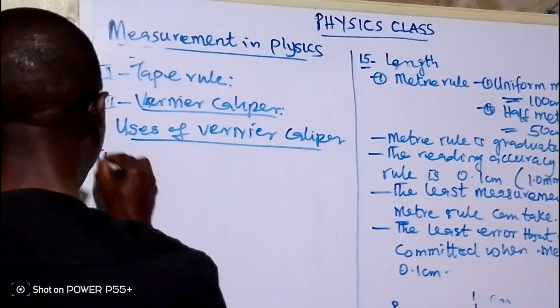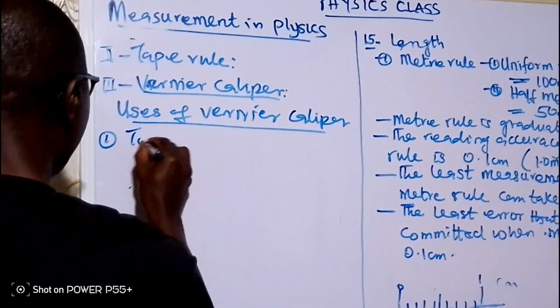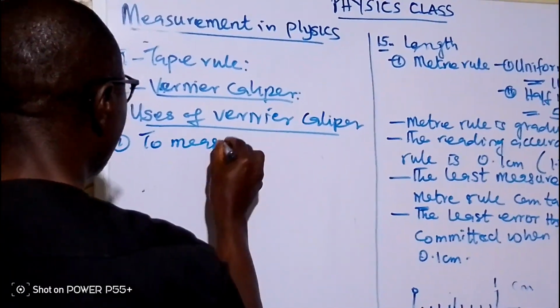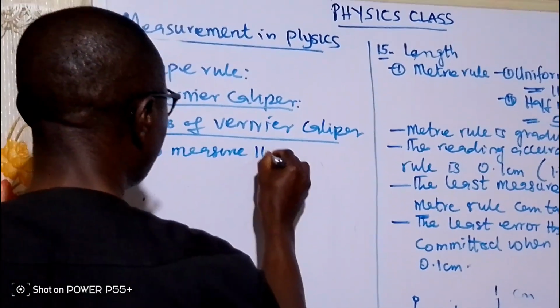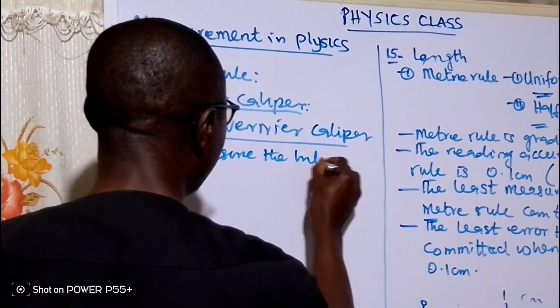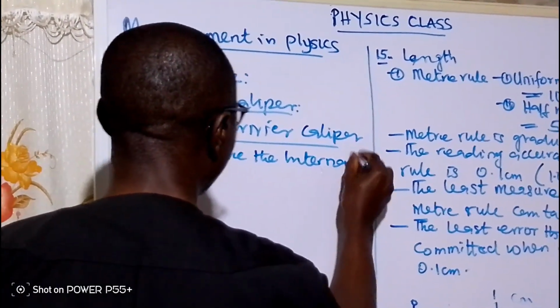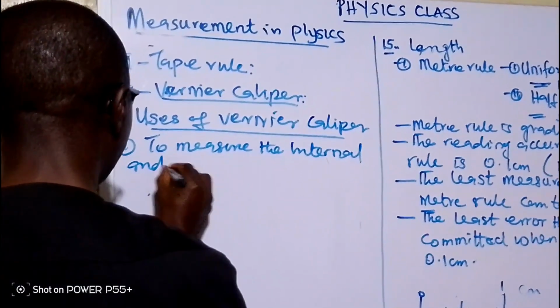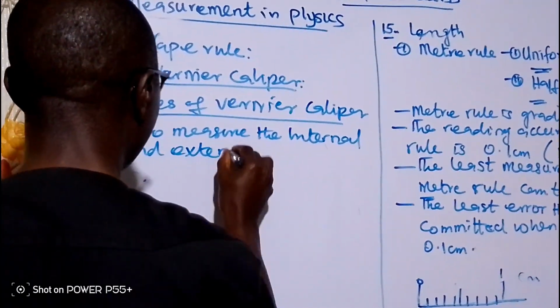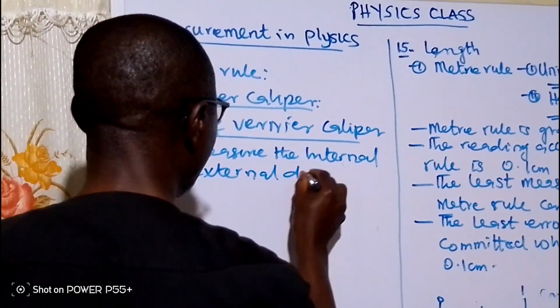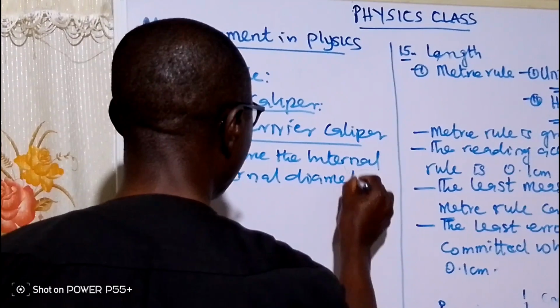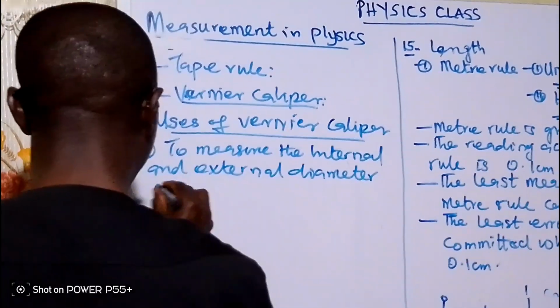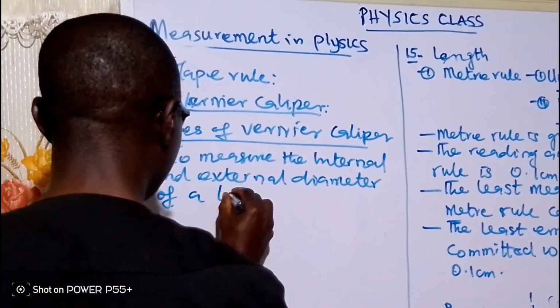One, to measure the internal and external diameter of a tube.